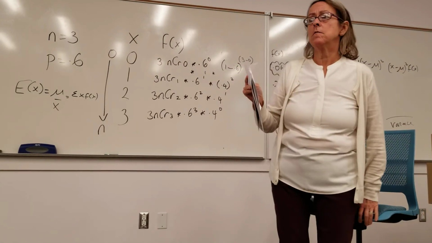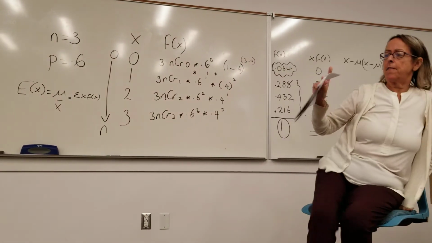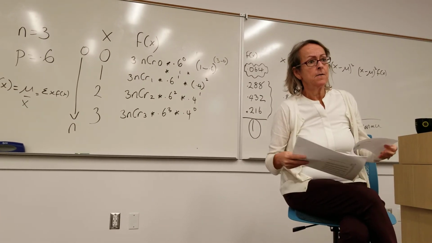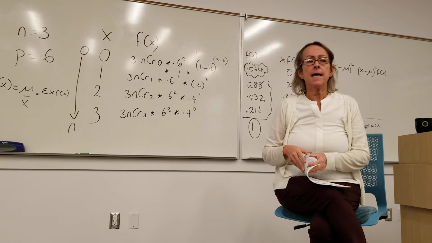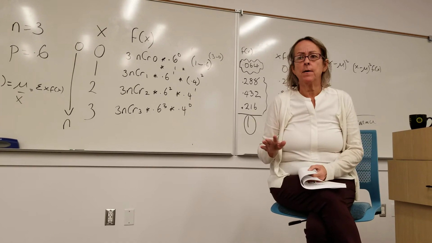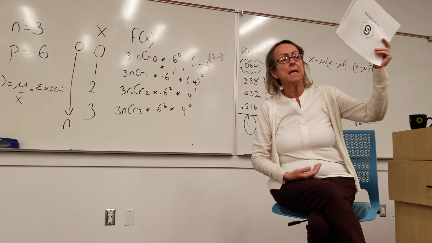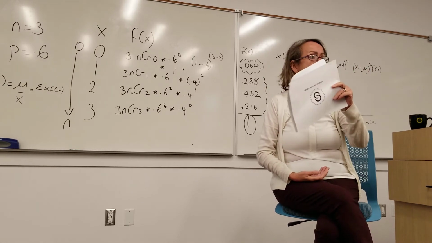When can't you use the booklet? Well, this booklet is not that thick, because it only goes up to N is 20, and then it goes to N is 25, and then it doesn't give you any more. So if I give you a binomial question where N is 40, you can't use this, because it's not in here.